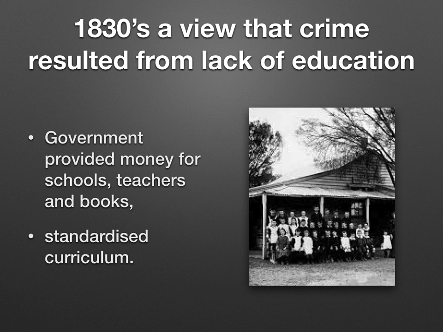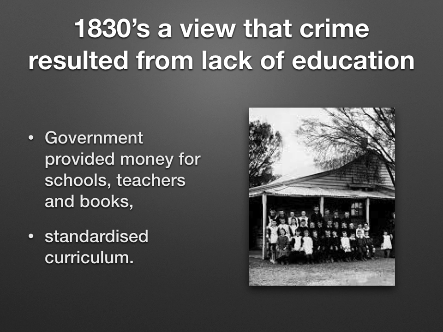In the 1830s, there was a view that crime resulted from a lack of education, and so the government provided money for schools, teachers and books, and everybody could access education theoretically. We know that in practice, people could not access education, particularly Indigenous young people, and even non-Indigenous young people couldn't access education.